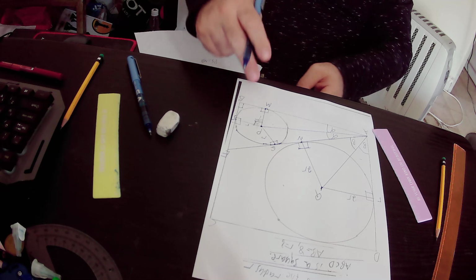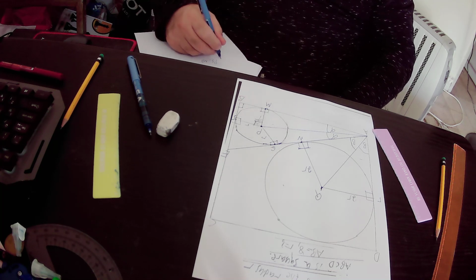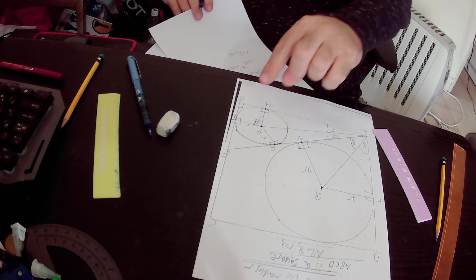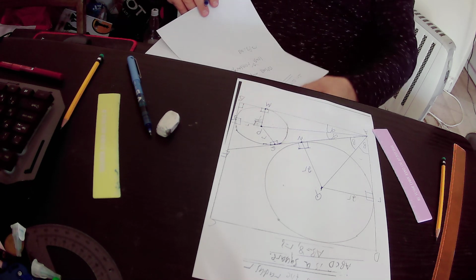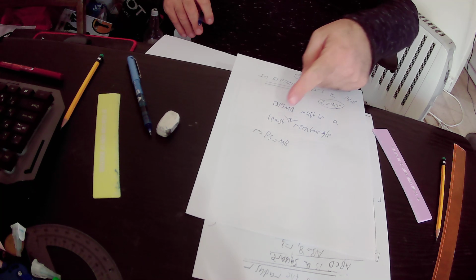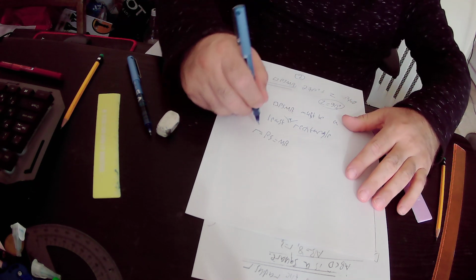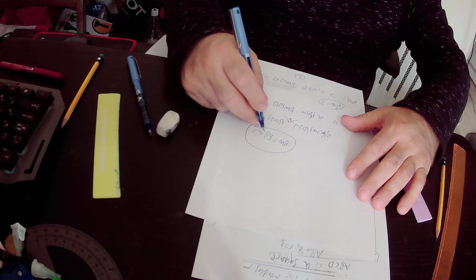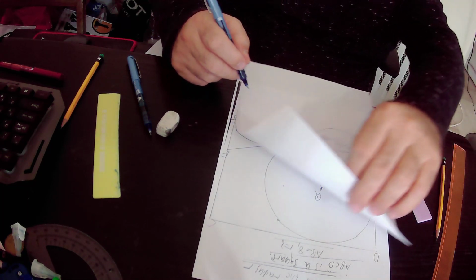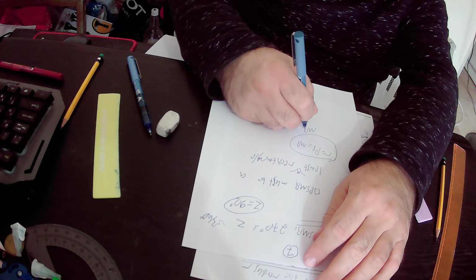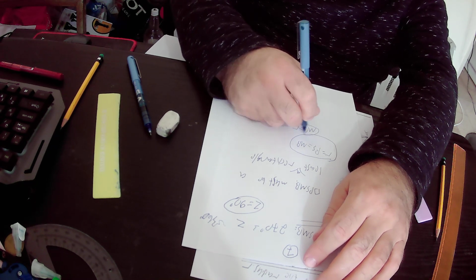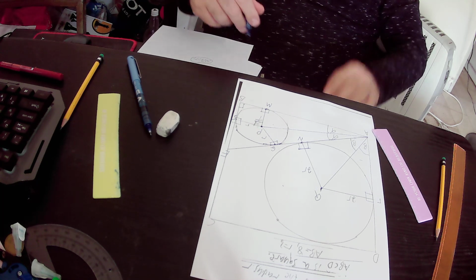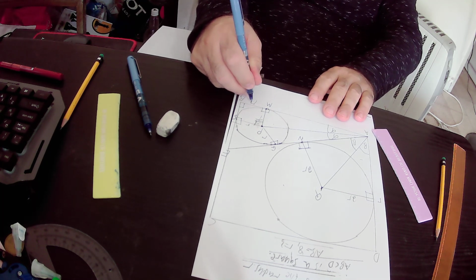But we know that PS equals R. We found out that PS equals R. So from this equality we conclude that MB also equals R. So here MB equals R.